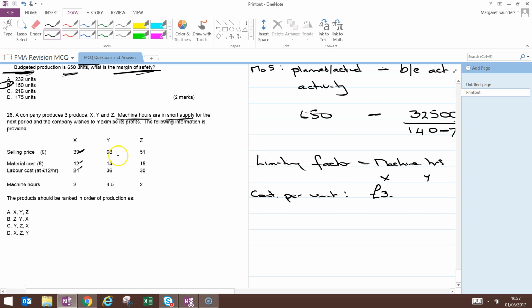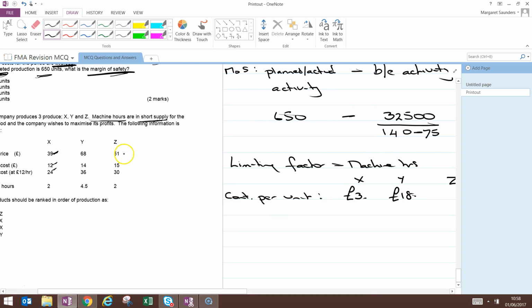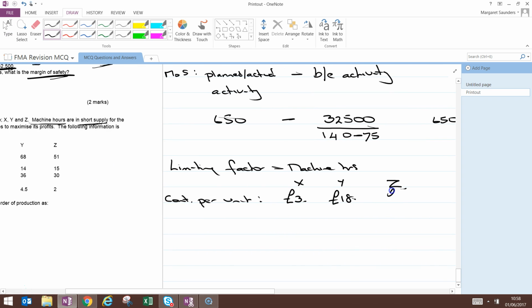For Y, we're doing 68 selling price minus the variable cost of material minus the variable cost of labour. So 68 minus 14 minus 36 gives us a contribution per unit of 18. Finally, Z, selling price £51 minus the variable cost of material minus the variable cost of labour gives us a contribution of £6.